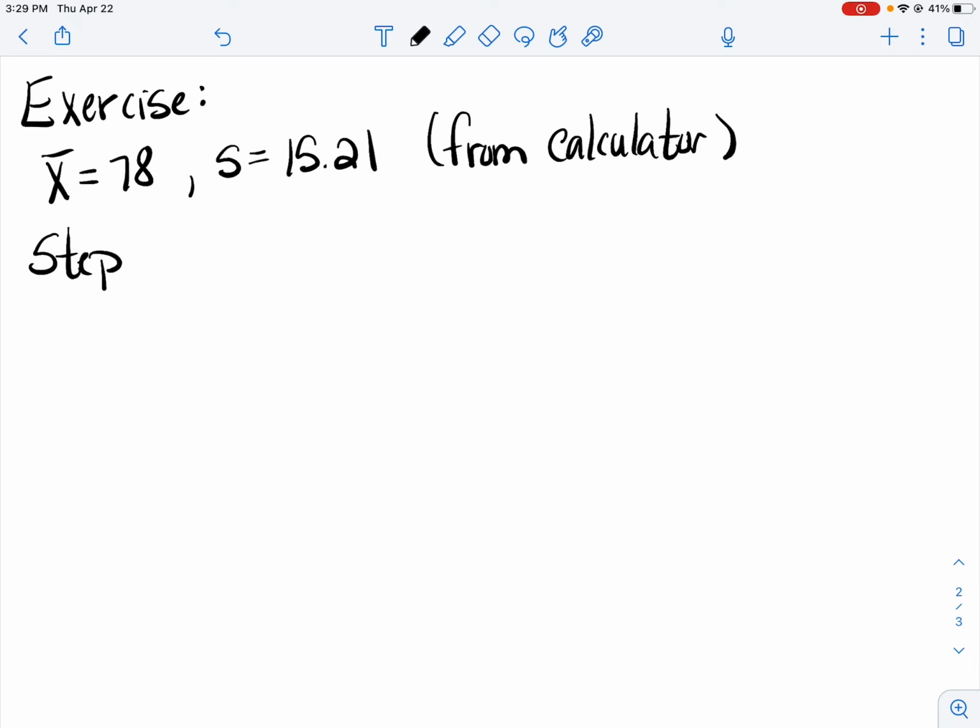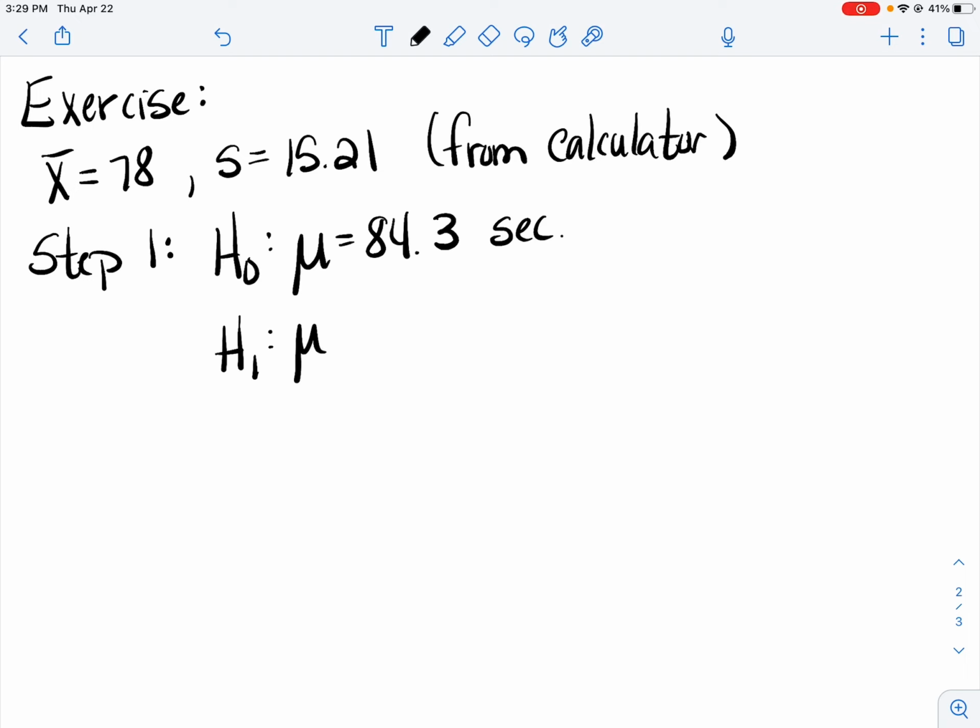Our step 1 is our hypotheses. So our null we just said was mu equals 84.3 seconds. And our alternative was a decrease, so that's a less than.